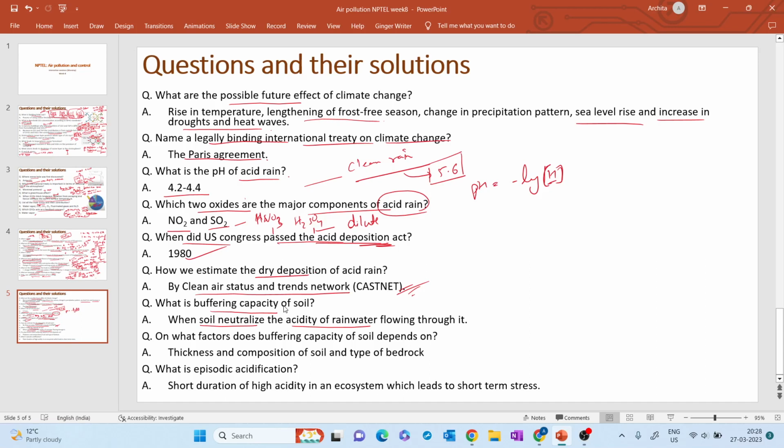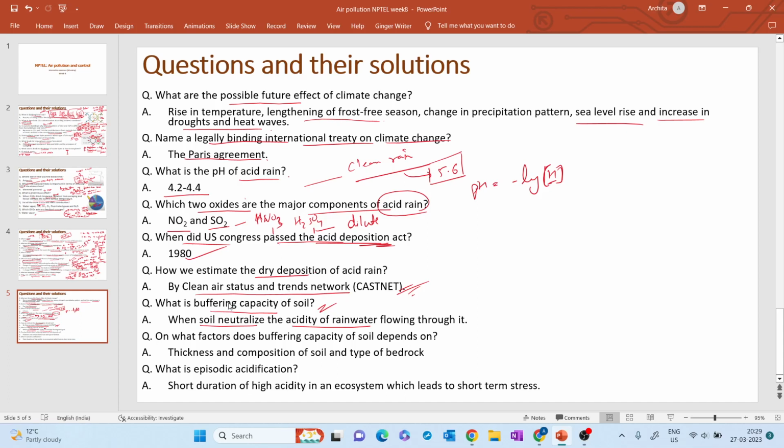If the soil needs nitrogen, sulfur or oxygen, it will take that from the acidic rain and neutralize it, making it into just water which comes out of the soil. That is what you call buffering. Buffer means that you are neutralizing the acidity of rainwater, and that is why soils are very important.